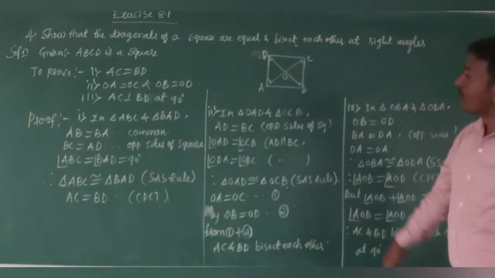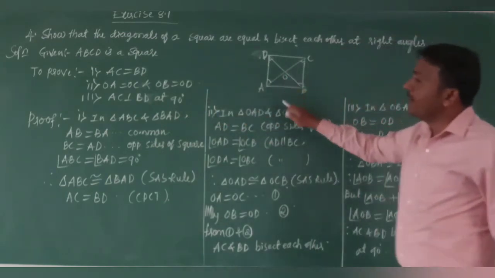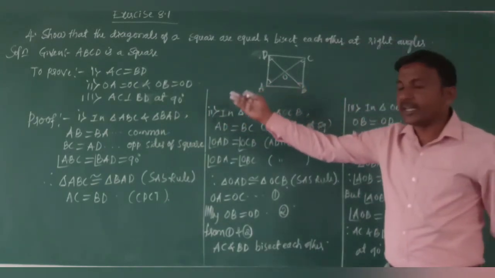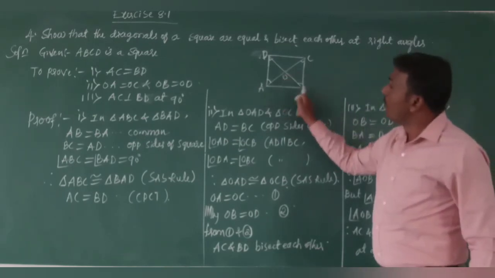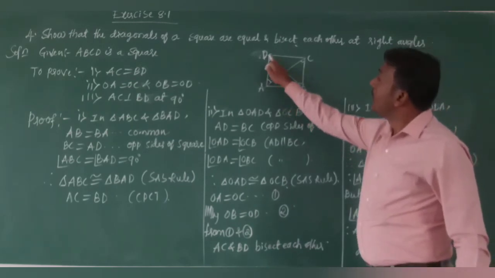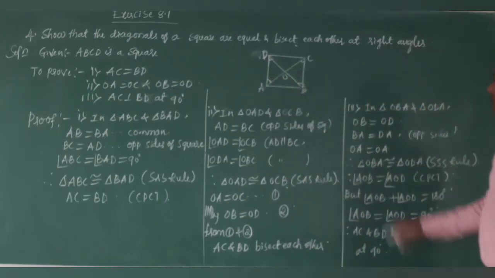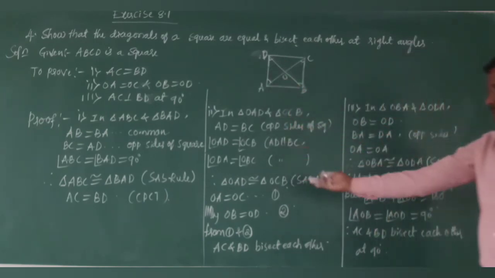Now I'll take the third part that we have to prove. AC is perpendicular to BD, at 90 degrees. So in triangle OBA and triangle ODA, in these two triangles, OB is equal to OD, already proved.